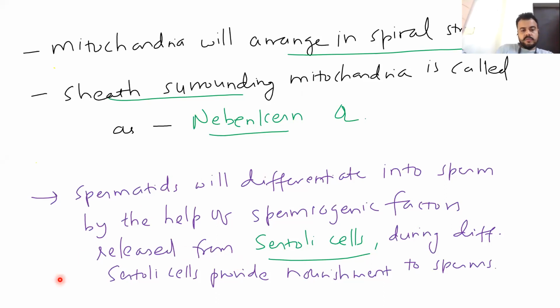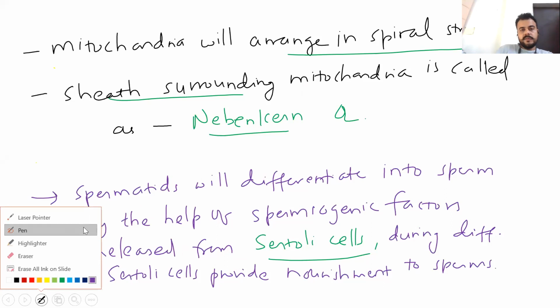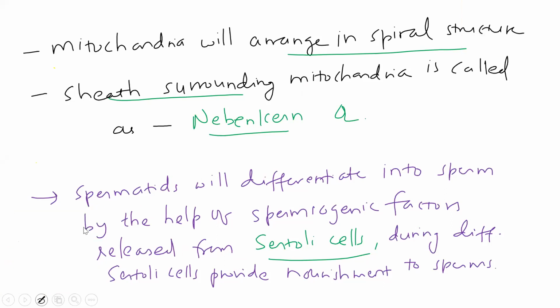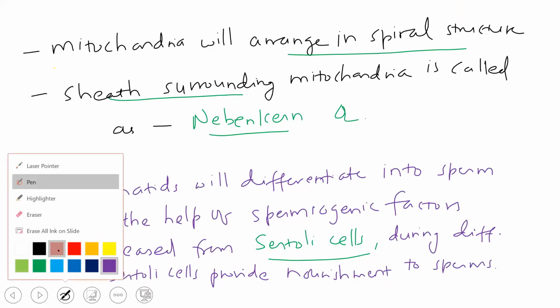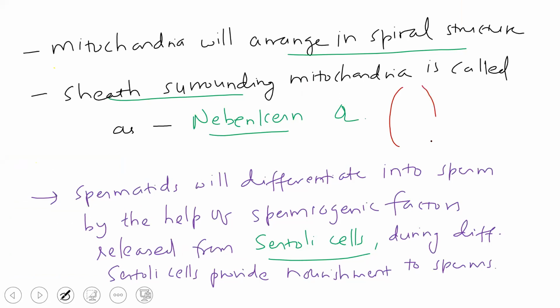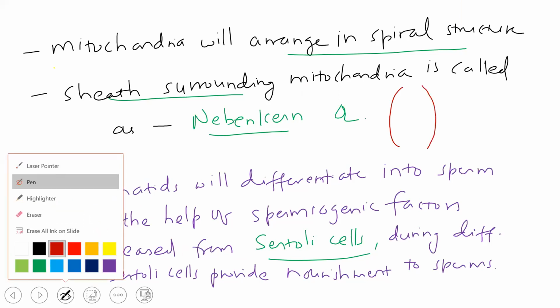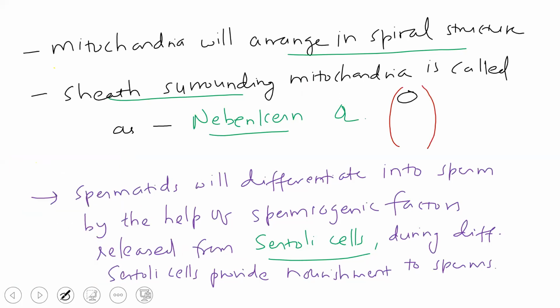Okay, so this is what happens in the process of spermiogenesis. Any problems, guys, in this? This is the covering, and mitochondria will be arranged like this.